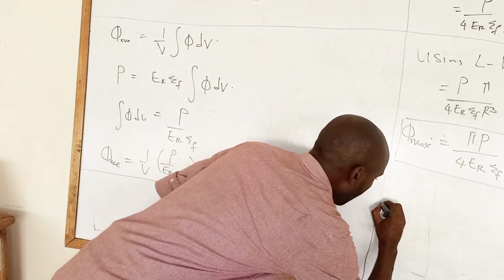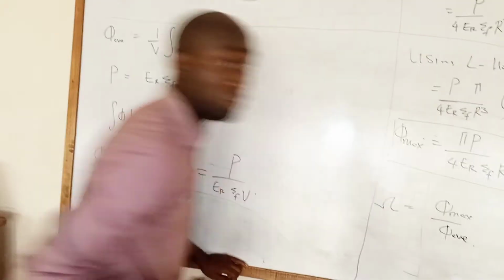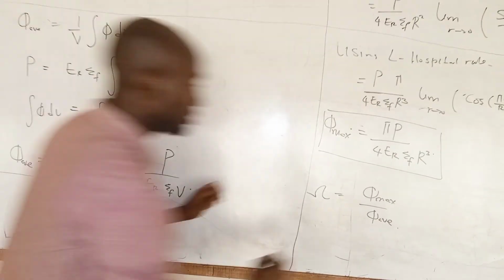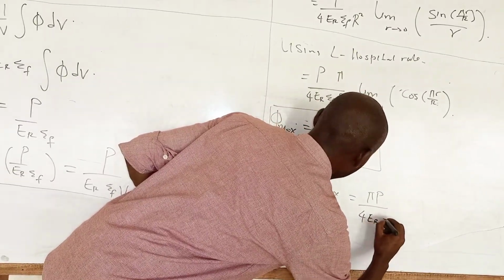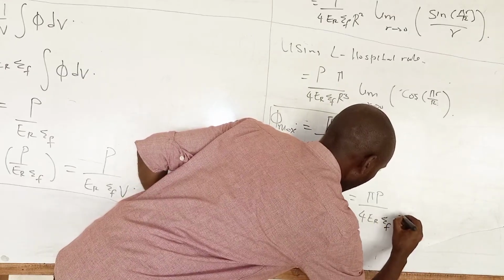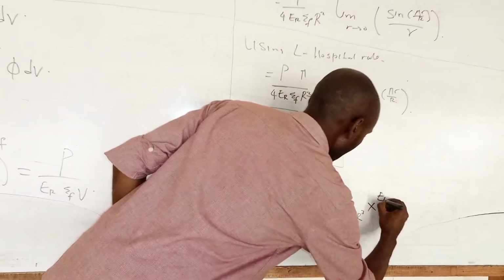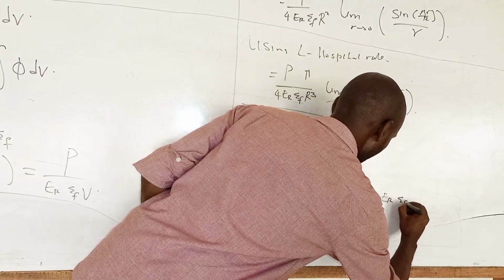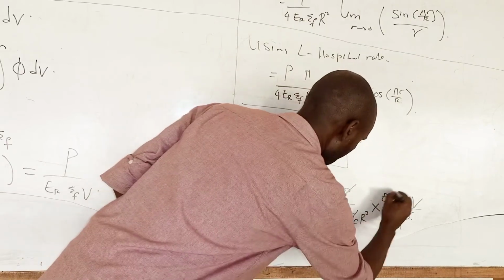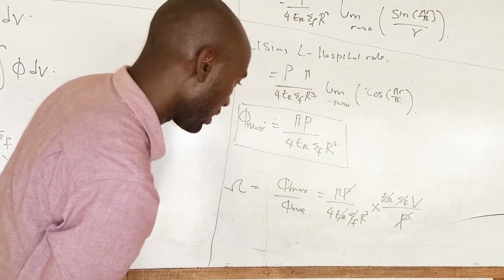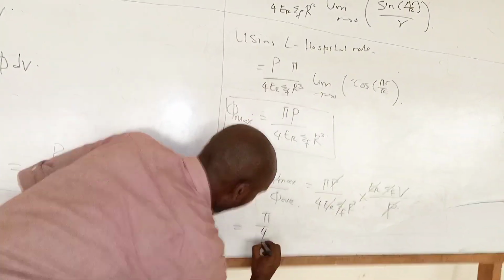So phi max over phi average is equal to pi P over 4 ER EF R cubed times ER EF V over P. So we now have omega to be pi over 4 times the volume.